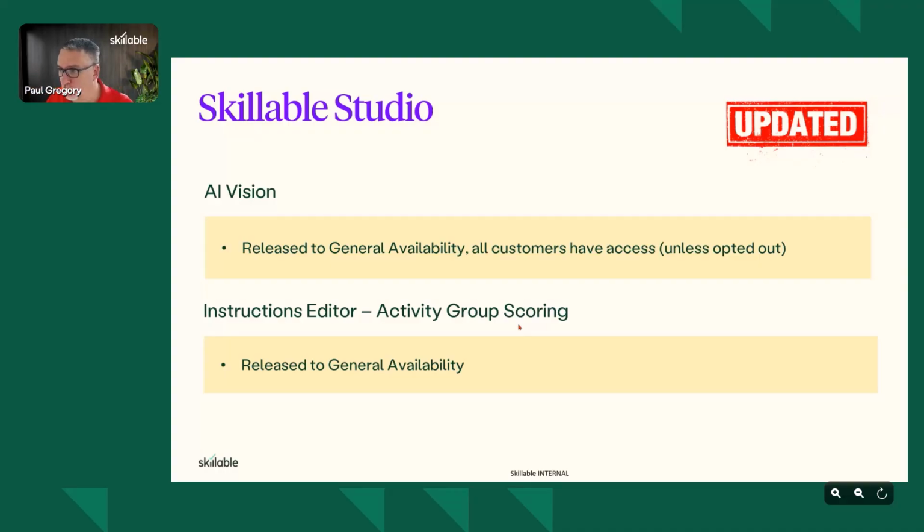That's what activity group scoring allows you to do. It allows you to tell the system how many out of a group of activities people have to pass in order to get it marked as correct. So it's a way of changing the scoring model.